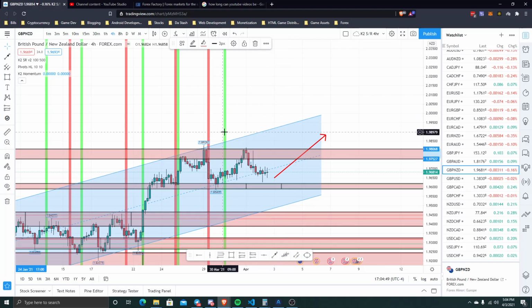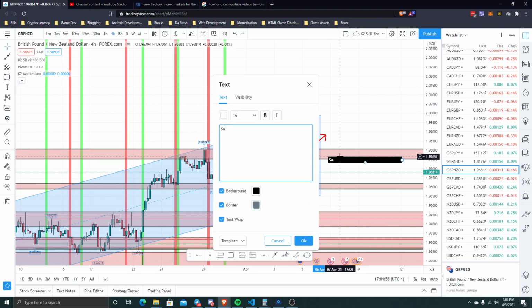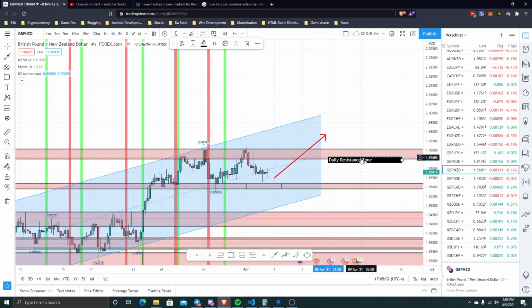So if you look back on the 4 hour here, let me type daily. We have a daily resistance zone.